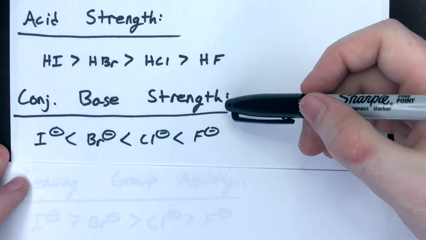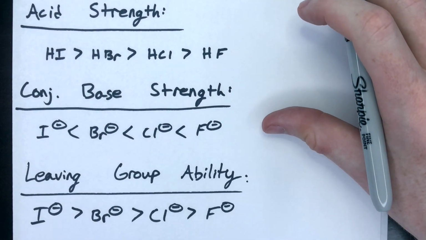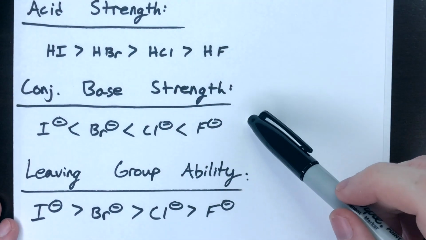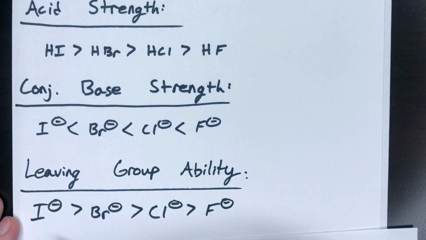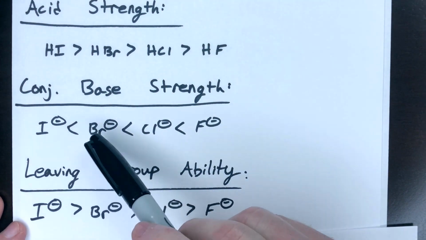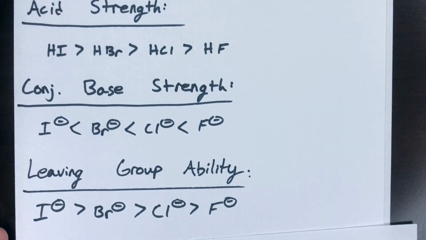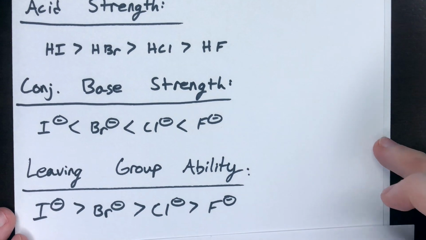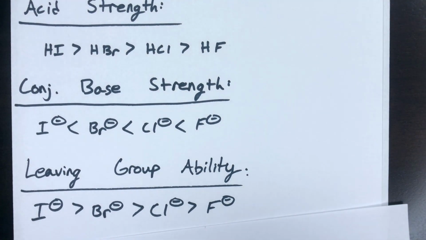Now using this and our initial rule that weaker bases are better leaving groups, we can rate the leaving group ability as the inverse of the conjugate base strength. Since iodide is a weak base, it's a great leaving group, and bromide is a better base than iodide, so it's a worse leaving group, and so on down the line. You can use this for any set of leaving groups, provided that you have the pKa values of their acids.